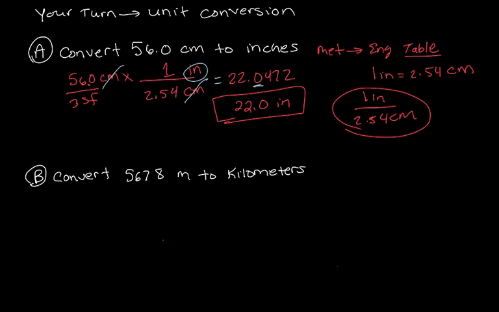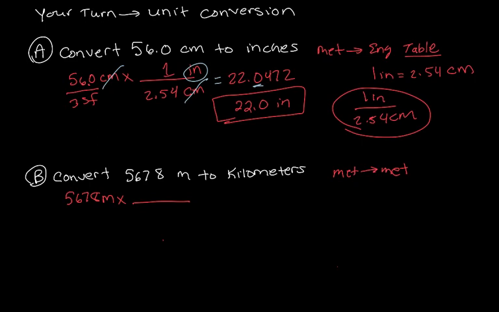Okay, let us go ahead and do the second example, where we are going from metric to metric. So that means we should have that memorized because we're using prefixes. So we always start with our given value and we multiply it by a conversion factor.